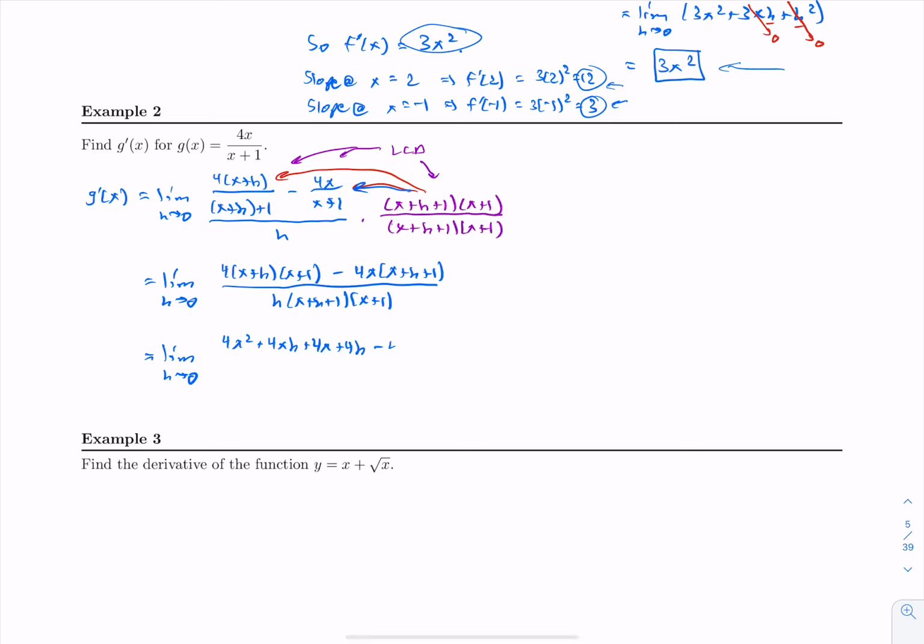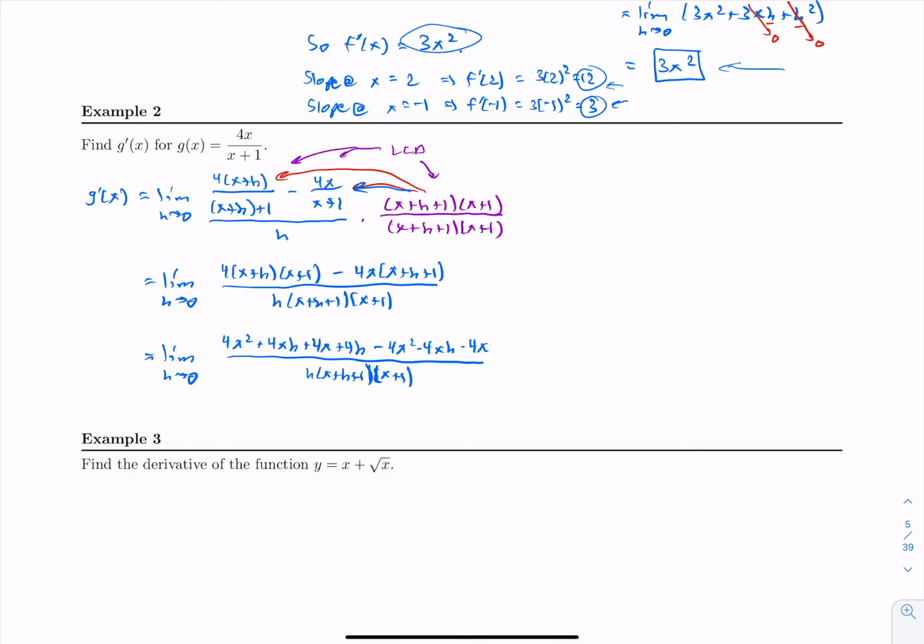So we'll have negative 4x squared minus 4xh minus 4x. All of this will be over h times x plus h plus 1 times x plus 1. So leave the denominator alone. We want that h staring at us.